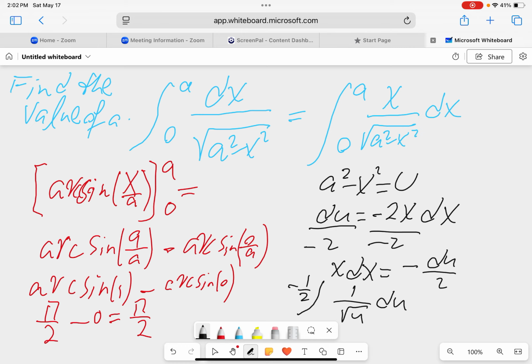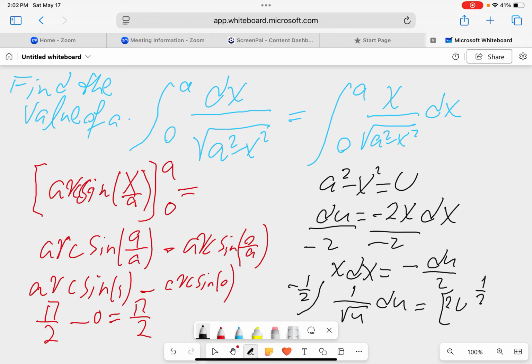So this simple integration, 1 over a square root of u, is simply u to the power of negative 1.5. And then when we use the general form of integration, that is going to be u over 1.5, and then we have a reciprocal of the denominator, which is going to be 2, right?